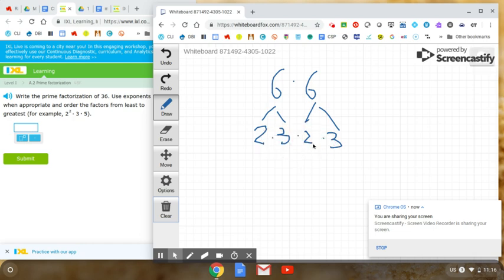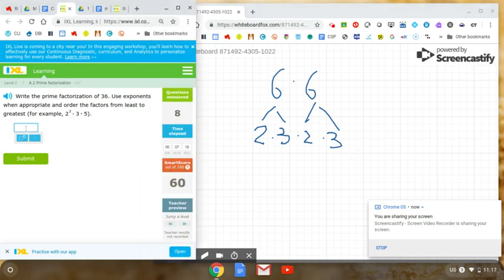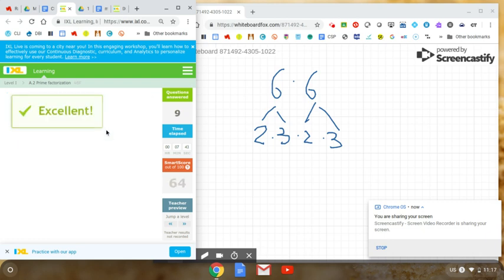So we have 2 of the 2 and 2 of the 3. So we put 2 squared times, you need to use the arrow key and move it to make sure it's down, right? Times 3 squared, because we have 2 of them and 2 of them. So it's 2 squared times 3 squared.